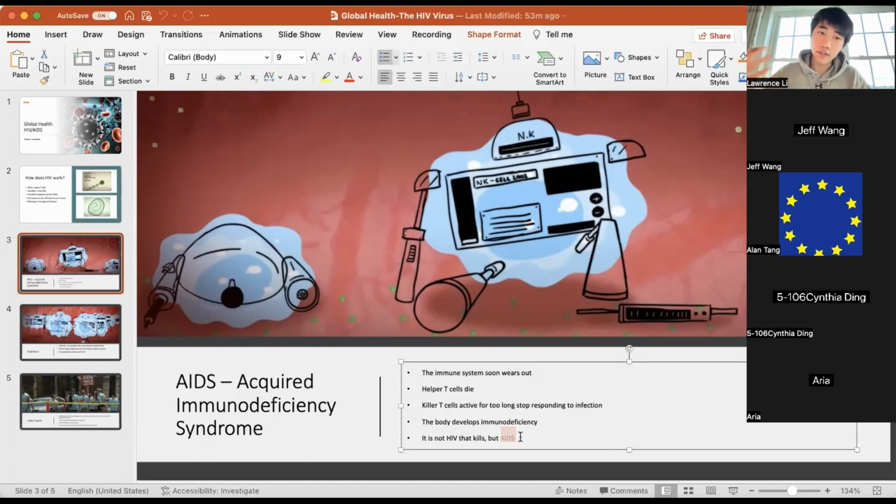And so it is not HIV that ultimately kills people who die of HIV/AIDS. It is the AIDS condition that weakens their immune system to the point where they cannot fight off simple infections, like a cold, for example.